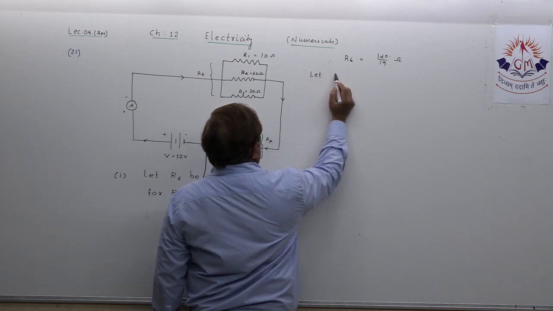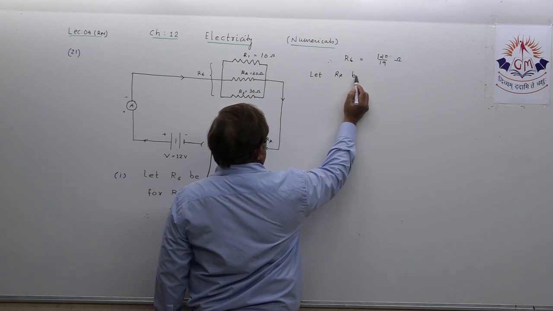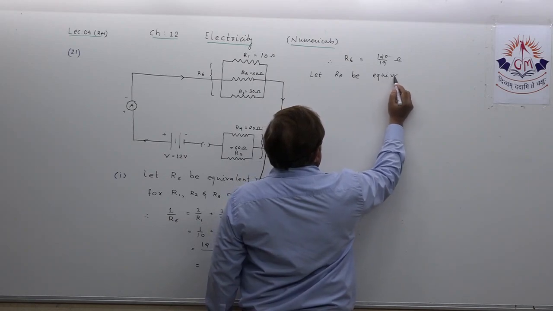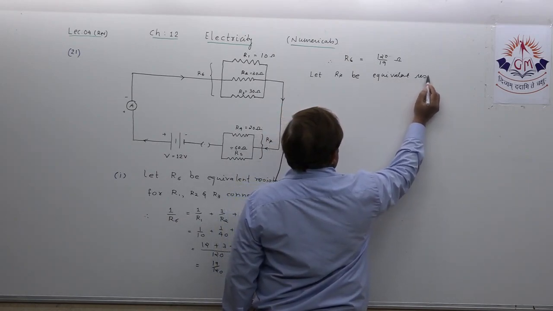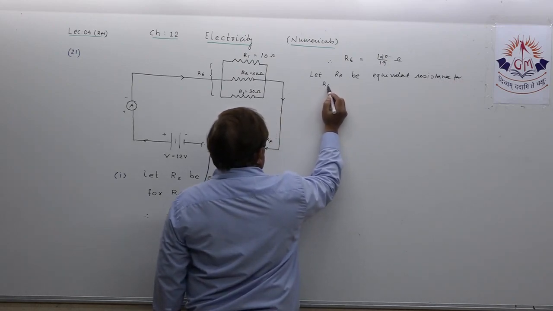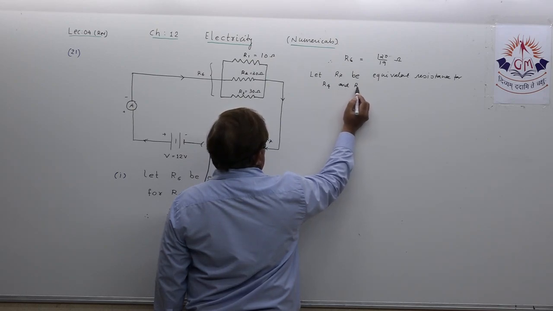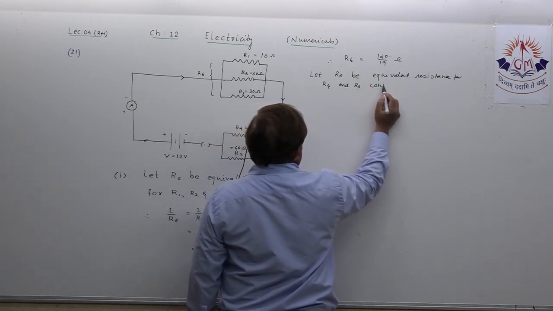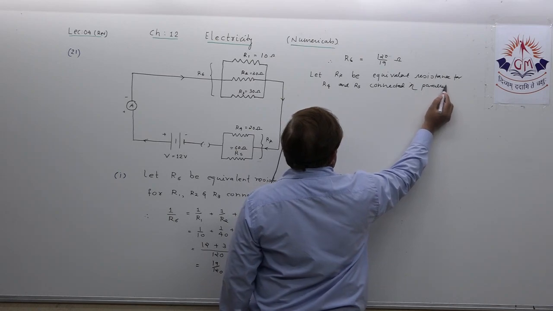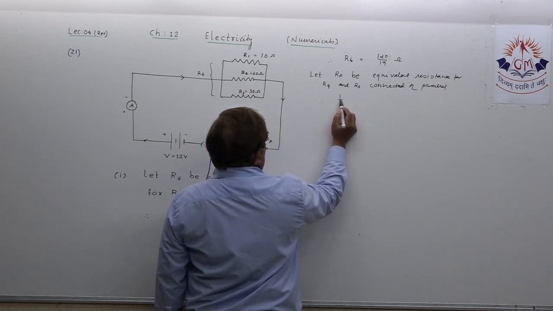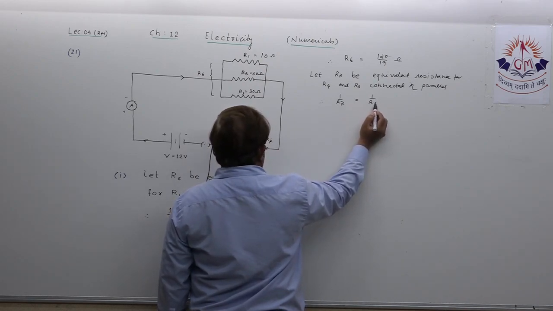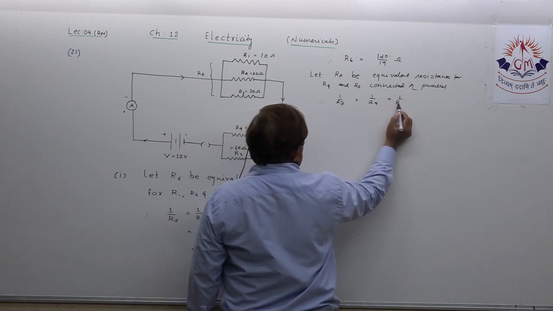So you will write, let R7 be the equivalent resistance for R4 and R5 connected in parallel. So you will write 1 upon R7 equal to 1 upon R4 plus 1 upon R5.